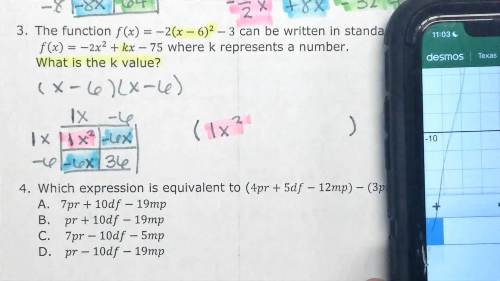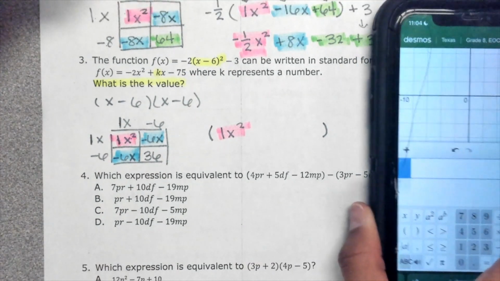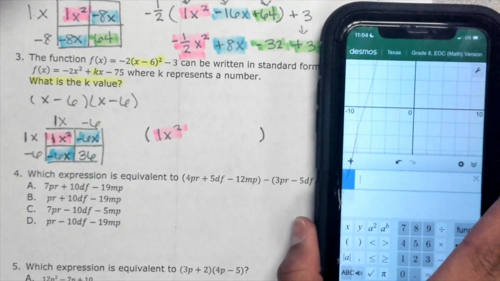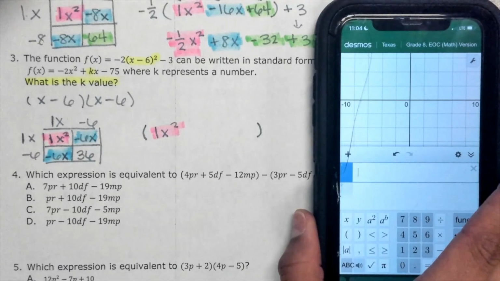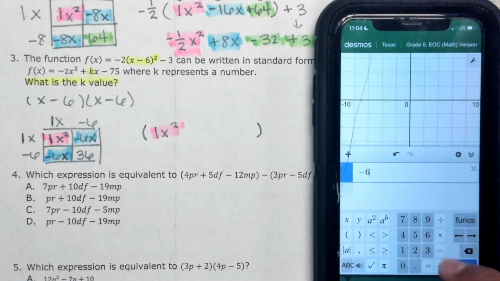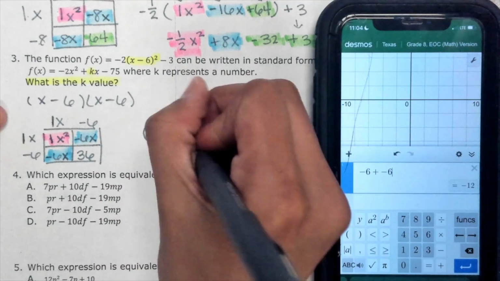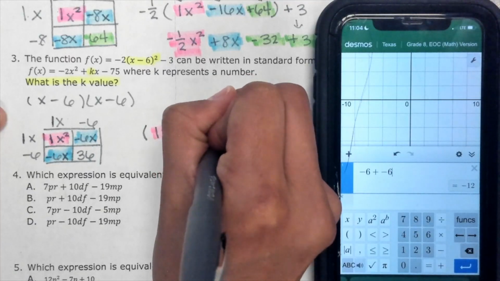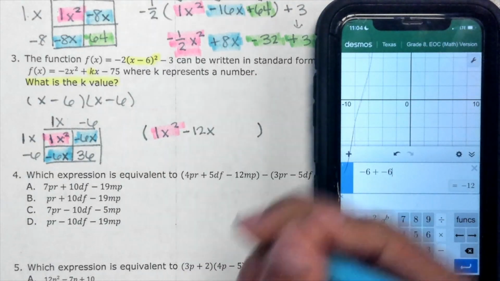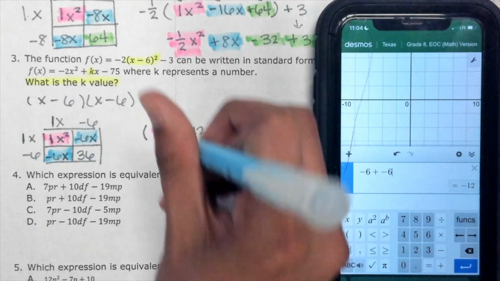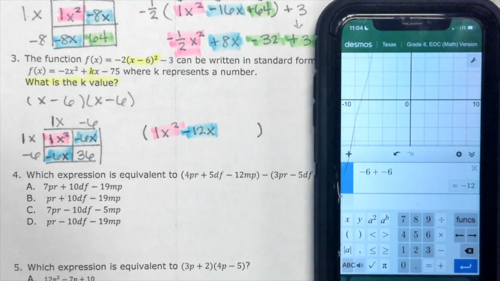Combine means add, so I'm going to zoom out here for my calculator. We are going to add negative 6 plus a negative 6, which is going to give us a negative 12x. We just added our x's together, so make sure you bring that x with us.